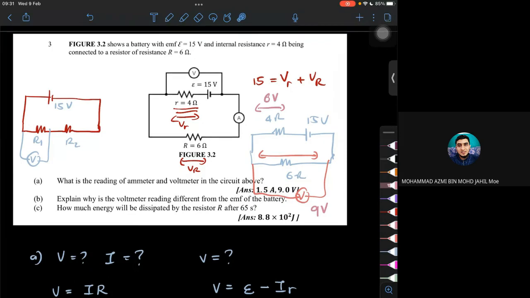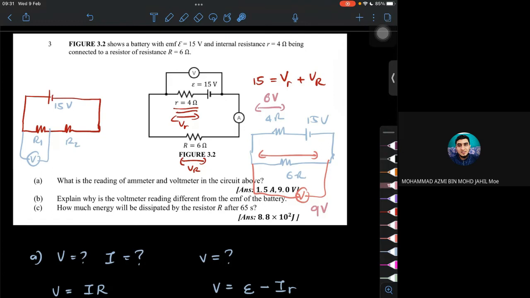So since voltmeter ni sebenarnya dia measure 2 points. Dia measure points dekat sini dengan points dekat sini. So points dekat sini dengan dekat sini kita akan dapat 9 volt. So basically voltmeter ni juga akan measure point 2 di sini, which is sama juga 9 volt. So basically disebabkan this one dia supply voltage, so dia kena tolak dengan 6 volt. 15 tolak 6 kita akan dapat 9 volt kan?